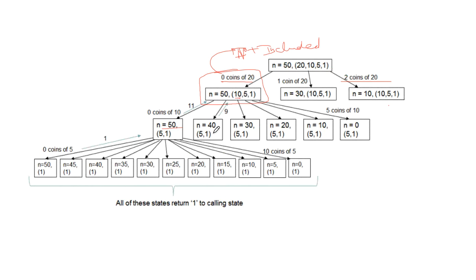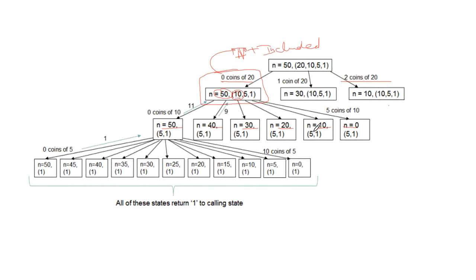Now 10 is there. I can have 5 levels to this, 5 children to this. The number of children I get by dividing n by the highest combination. That will be the number of children of any particular node.